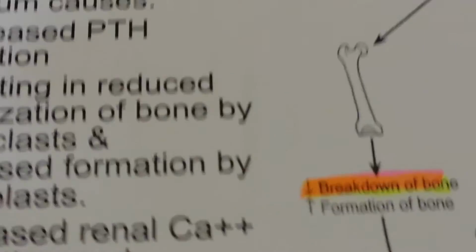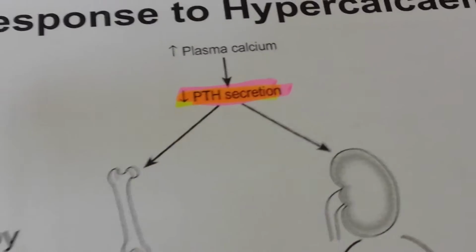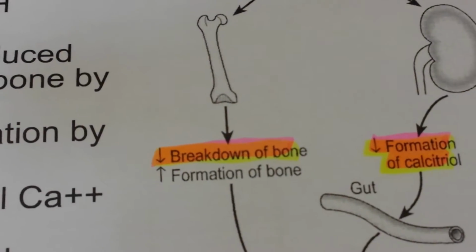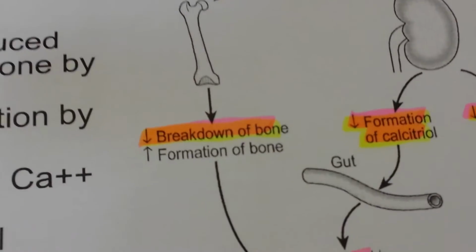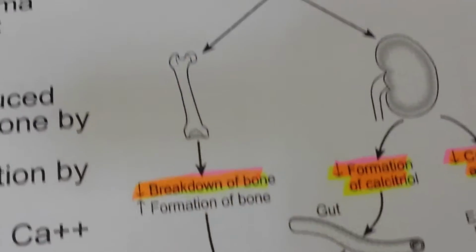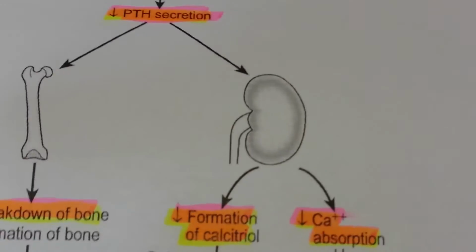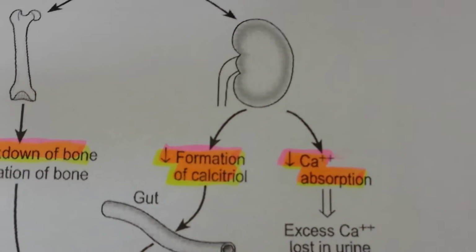Physiological response to hypercalcemia. Here there is an increase in plasma calcium, and a decrease in PTH secretion. Decrease in breakdown of bone, increase in formation of bone, decrease in formation of calcitriol, and decrease in Ca2+ absorption.